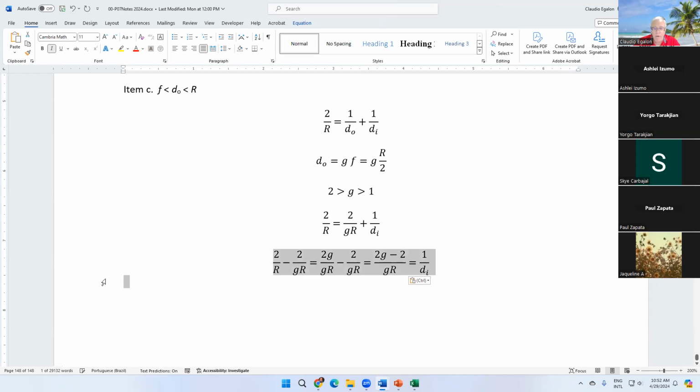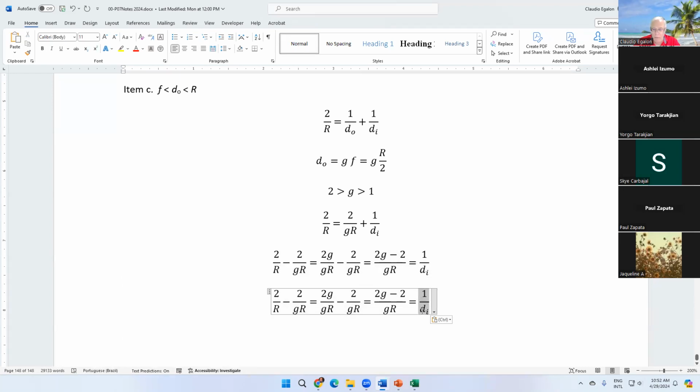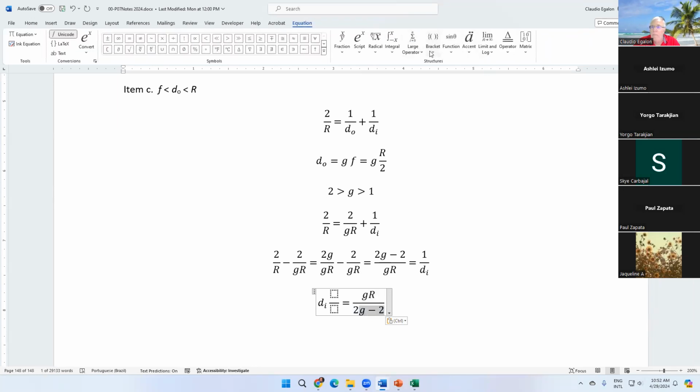And now we can invert our equation. That's the equation here that you want to look at. Di GR on the other side. I can also put the 2 in evidence here. I didn't do that, but I'm gonna do that right now. And this one becomes 1, right?